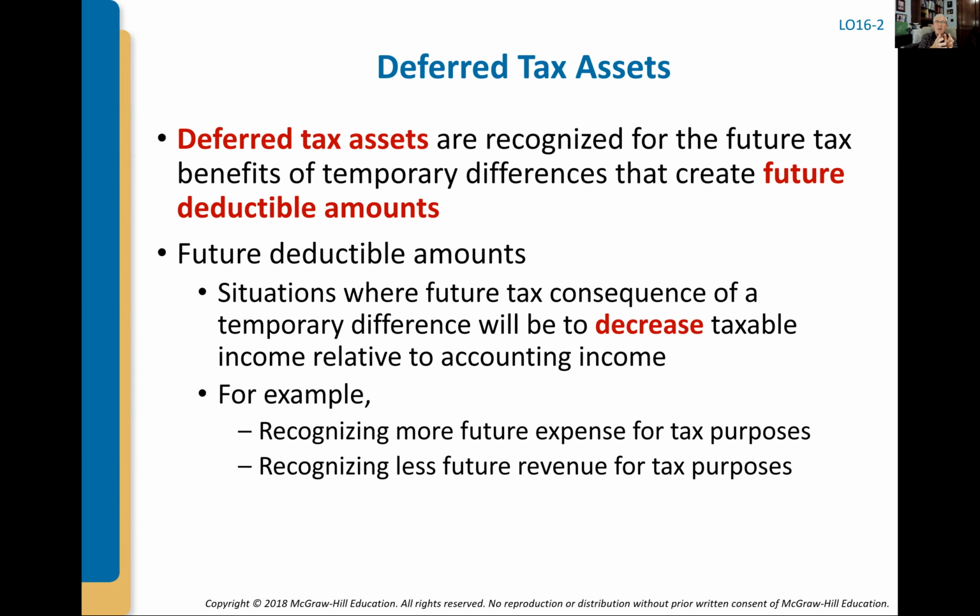And so I'm going to save taxes in the future. But again, I want to get my tax expense right now on an accrual basis. So I'm going to credit income tax expense and debit my deferred tax asset. Future deductible amounts in recording the deferred tax asset will decrease taxable income.